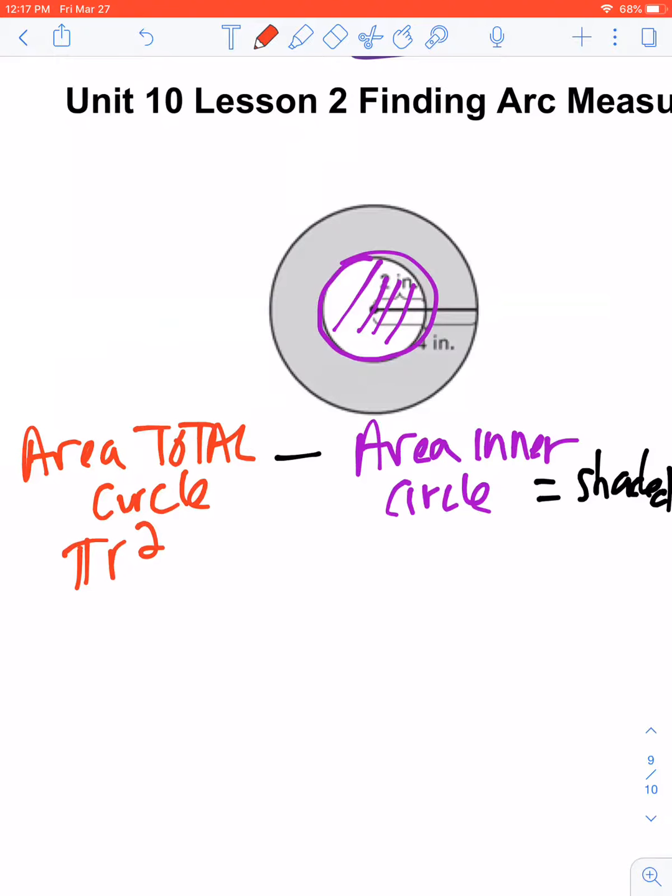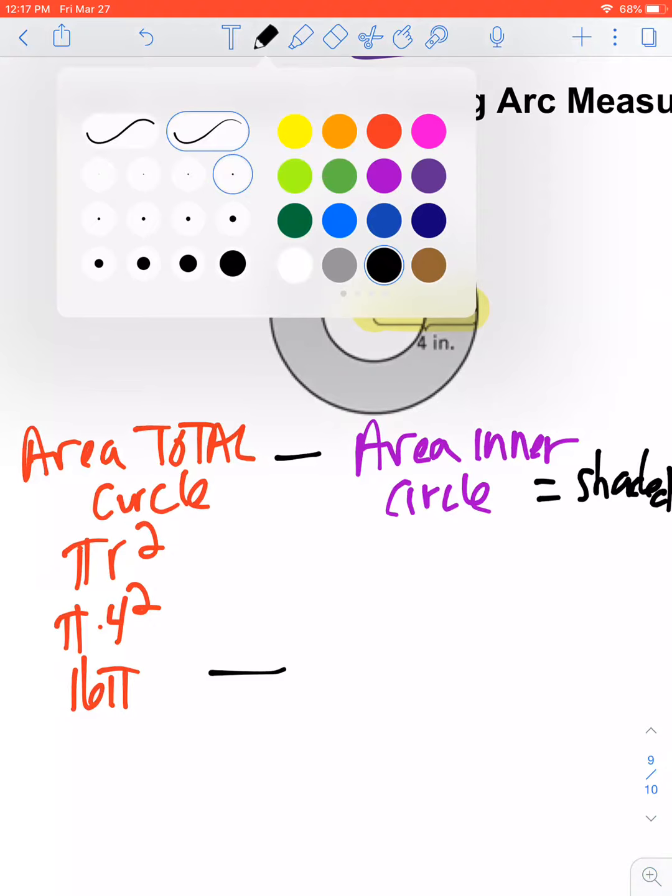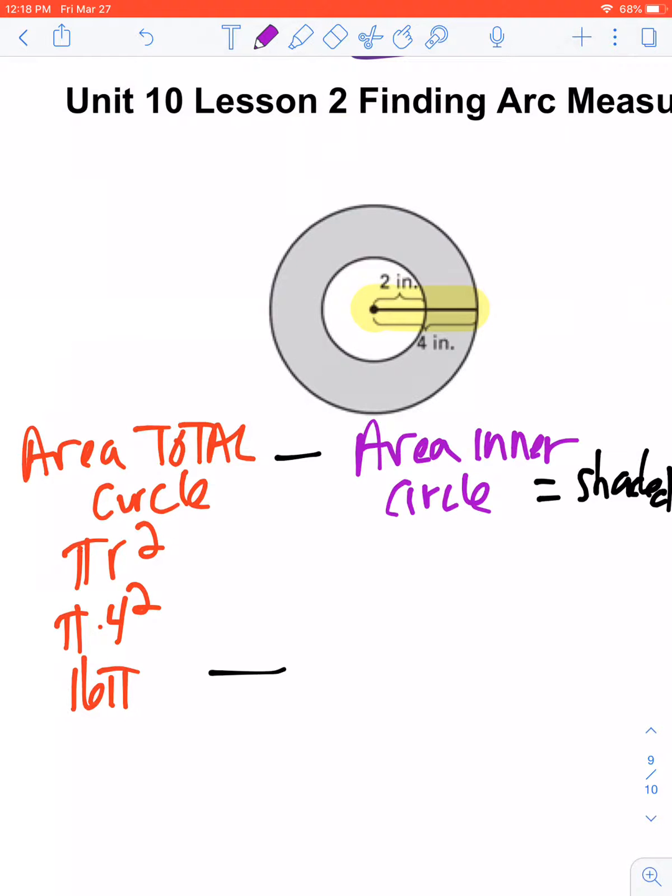Formula is pi r squared. If I look at the total circle's radius, it is 4. So this is going to give me pi times 4 squared, which would give me 16 pi in terms of pi. I'll convert that to a decimal at the end. Then I want to subtract off the area of the inner circle. So the inner circle still has a formula of pi r squared, but the radius of that circle is 2.